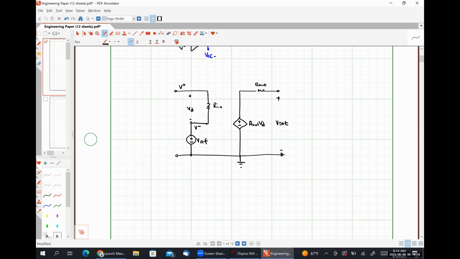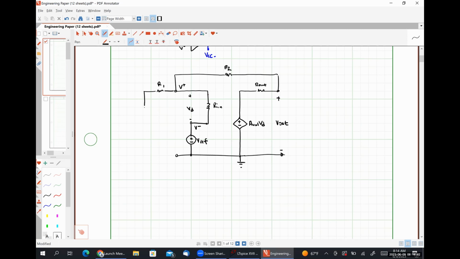I have my feedback resistor that connects my non-inverting input to my output. So I'm going to put that guy up here. I have a resistor R1 connected between my non-inverting input terminal and my input signal.